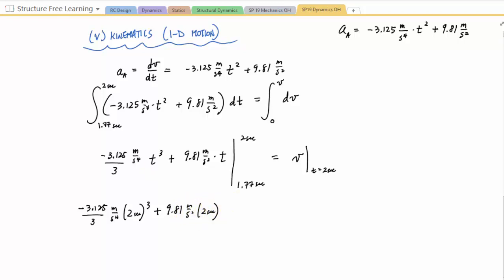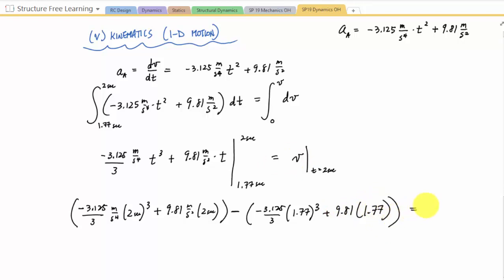Put parentheses around this, minus the whole thing again: minus 3.125 over 3 times 1.77 cubed plus 9.81 times 1.77.